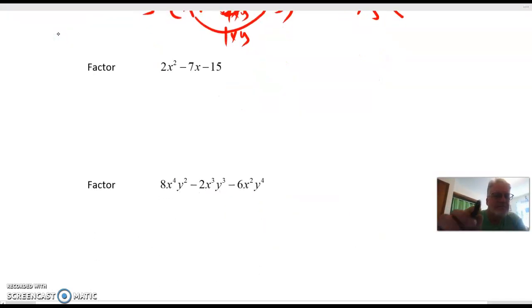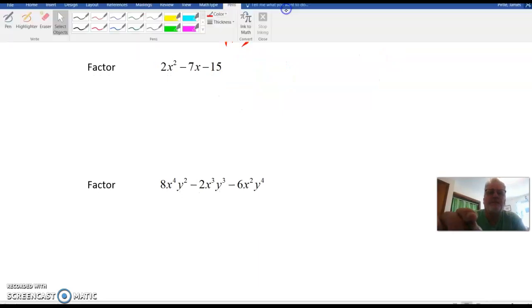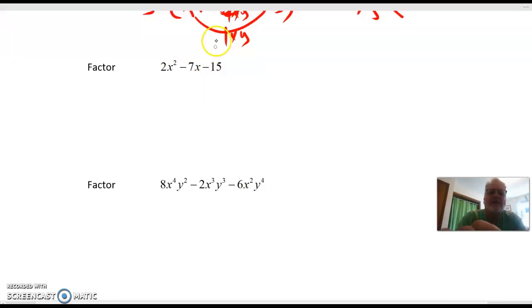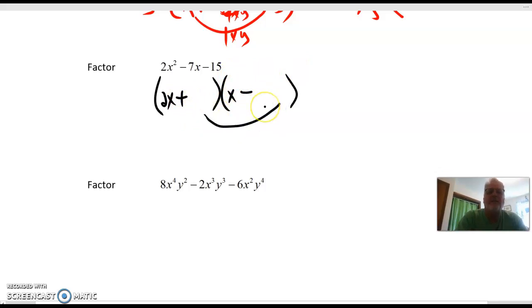Two more. Okay, pen, and let's go with black again. No GCF. So 2x there and x there. I know these signs are going to be different because when I multiply this times this, I'm going to get a negative 15. So my choices are 15 and 1 or 5 and 3.